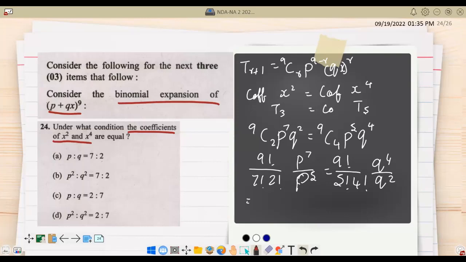So here we get 9 into 8 divided by 1 into 2, P square. And here it is 9 into 8 into 7 into 6 divided by 1 into 2 into 3 into 4, Q square.